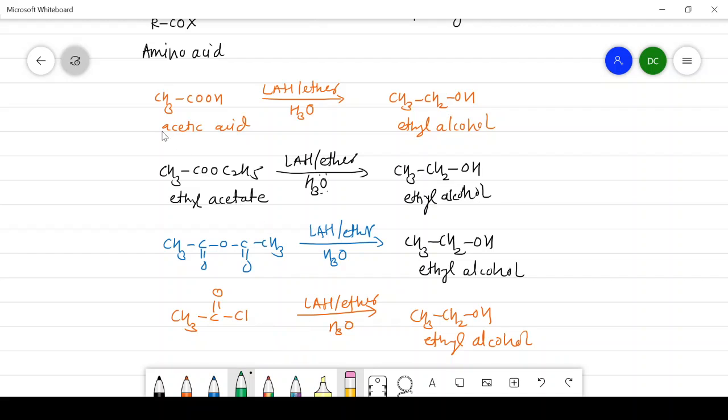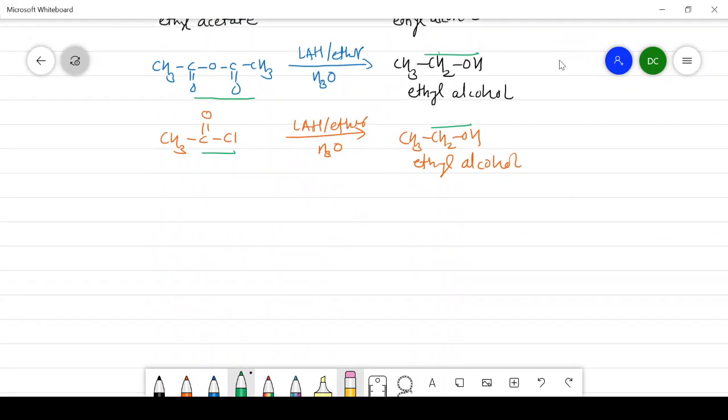Now look at all these reactions. Here COOH, here COOC2H5, COOCOR, then COCl. All these groups are converted into CH2OH, CH2OH, CH2OH. So there is a formation of primary alcohol in the case of carboxylic acid and their derivatives. And the last example is amino acid, NH2CH2CH2COOH.